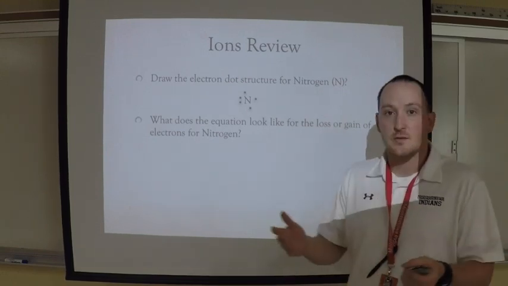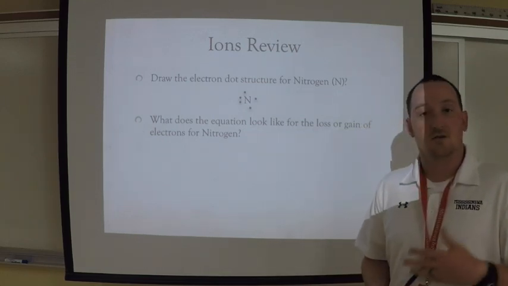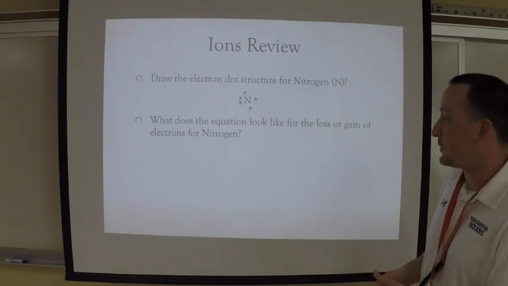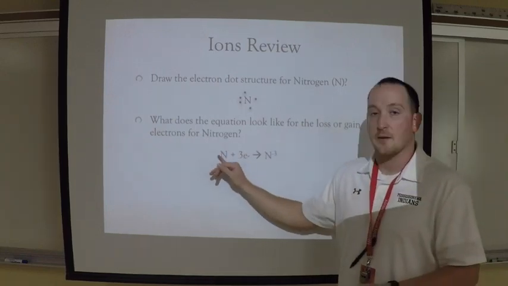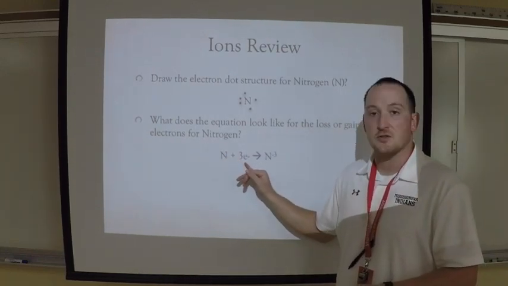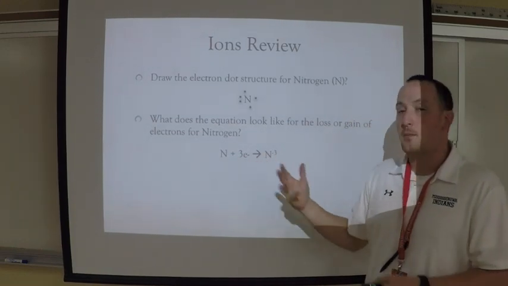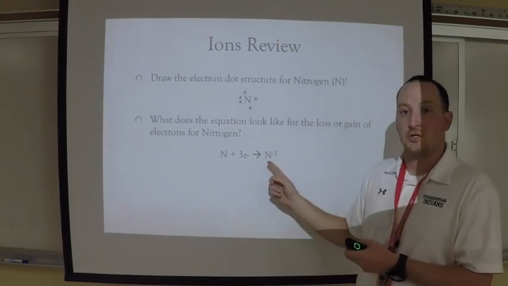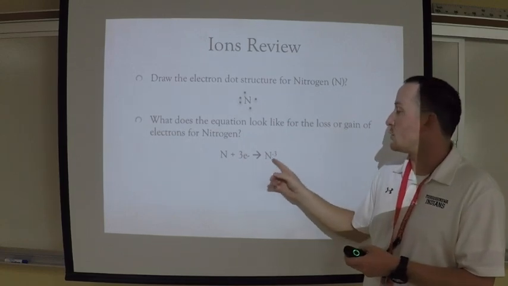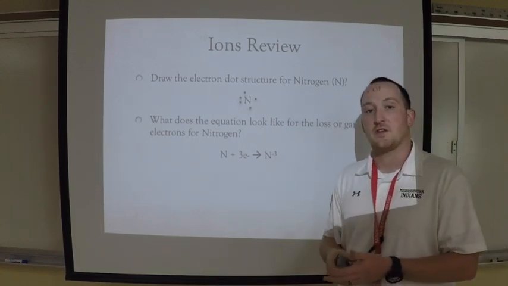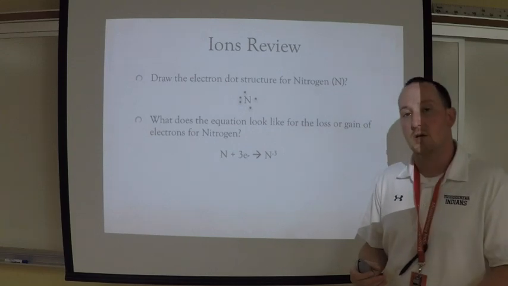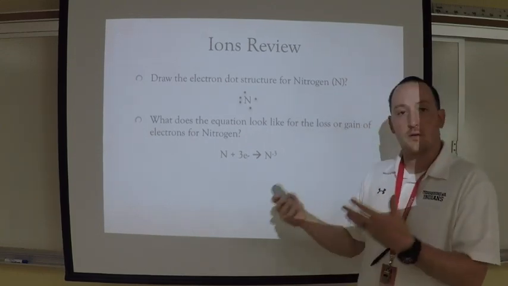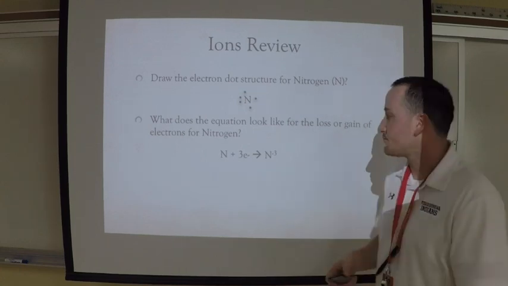But nitrogen has 5 valence electrons, so it's going to want to gain 3 electrons to get to 8 valence electrons. So we'd have our nitrogen atom, and it's going to gain 3 electrons. Remember, when atoms gain electrons, they become negatively charged. So this nitrogen would now have a -3 charge, because it has 3 more electrons than it does protons, and electrons are negatively charged, so that gives it that -3 charge.